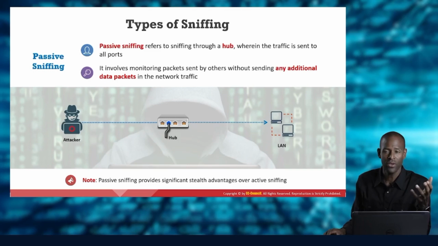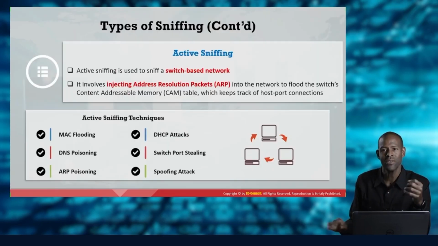So for instance, if nobody knew that you were listening in on a conversation, they wouldn't maybe care if you're just listening in. But as soon as you inject something into the conversation, say, hey, that's wrong. Oh, then all of a sudden they're all over your case, right? So active sniffing is different. It's when you actually interact with the system. So let's say you have a network that's running on a switch.